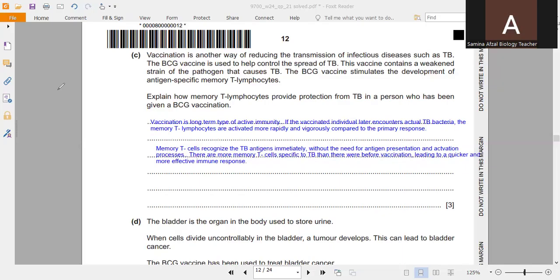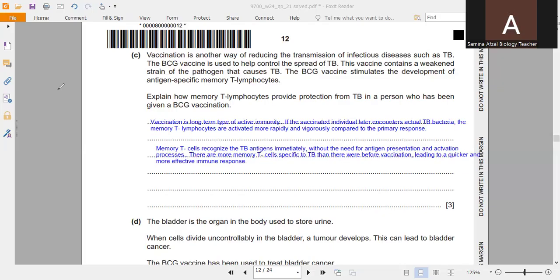When microbes enter into the body again, what happens? They are already familiar. Memory cells are there, so they are very much familiar to the immune system. So you can say the production of antibodies starts quickly, and vaccination overcomes the pathogen which has entered the body.